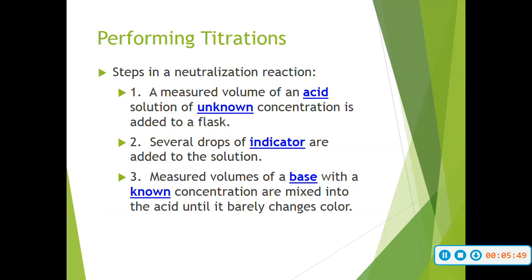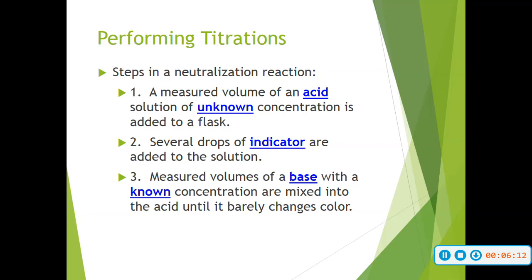The reason you want an indicator in your solution is because most of the time these solutions are colorless. If they're colorless, you're never going to figure out when you've reached that neutralization point. If everything looks like water, then you're not going to know when it's neutral.